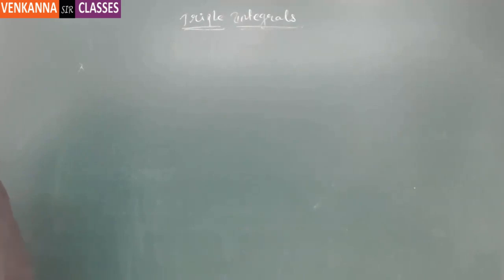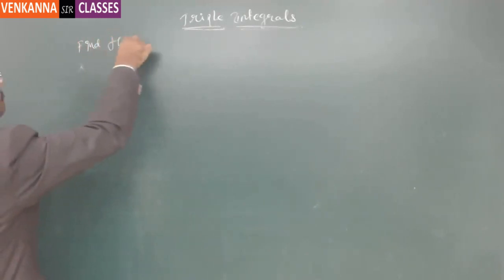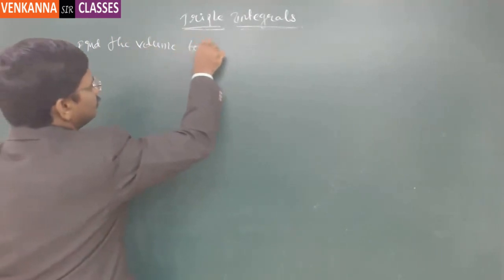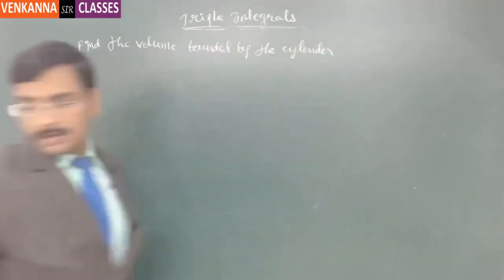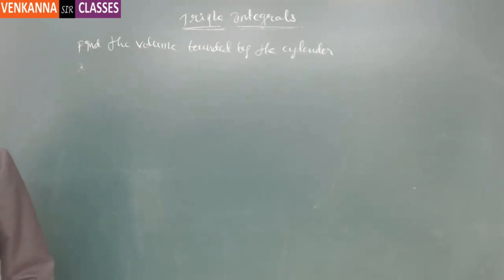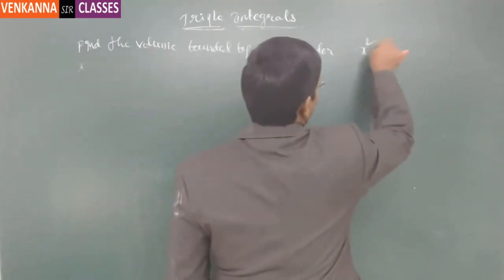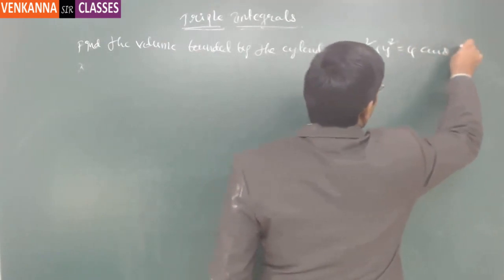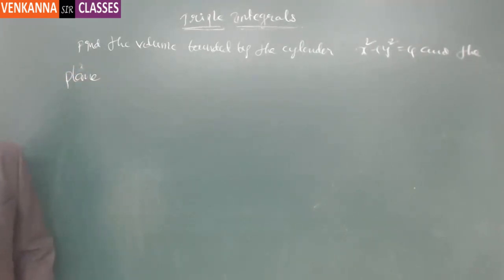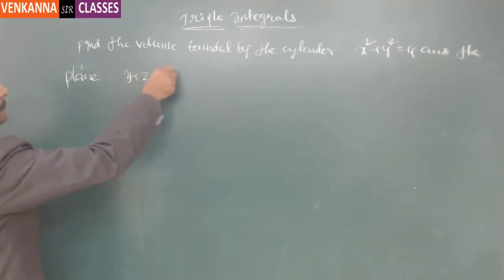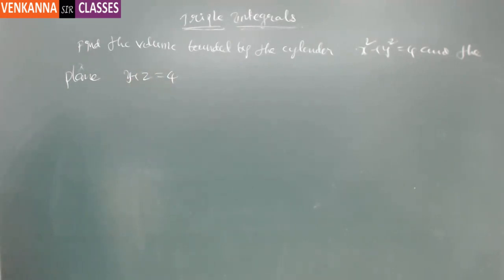So note down this particular shape. Find the volume bounded by the cylinder x square plus y square is equal to 4, and the plane y plus z is equal to 4, and z is equal to 0.